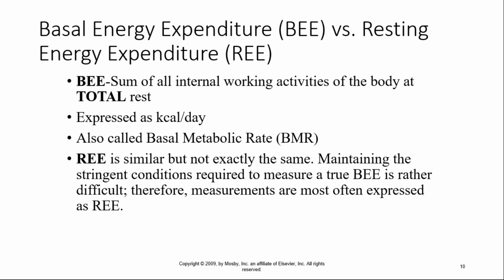The resting energy expenditure is almost similar to the basal energy expenditure, except it maintains more stringent conditions for measuring it, and what you get is the true basal energy, the resting energy expenditure, because it is not possible to measure the basal energy expenditure very accurately. So how would you measure this expenditure?